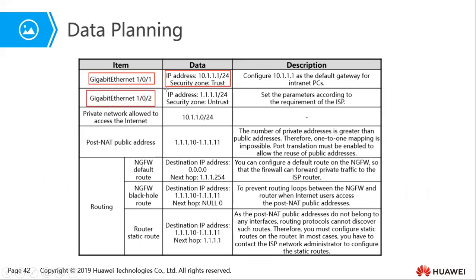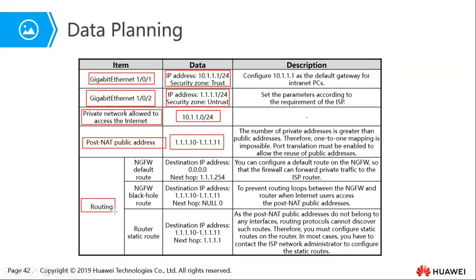This one is configured with a public IP address and as an untrust zone. Then we are supposed to allow the private network to access the internet, so we create a policy for that. We are also supposed to create a NAT rule that can map from this range.